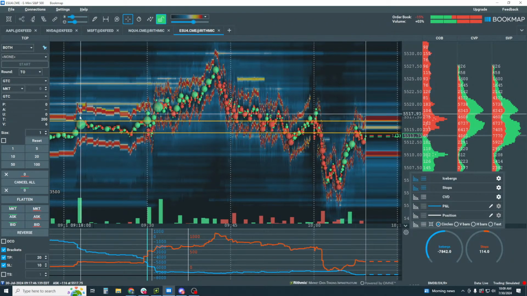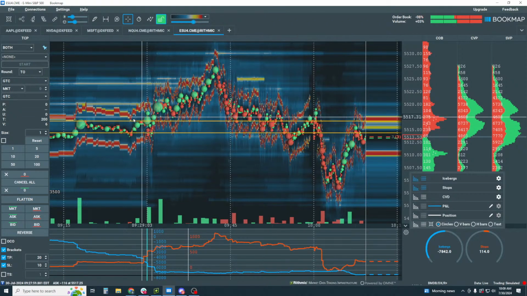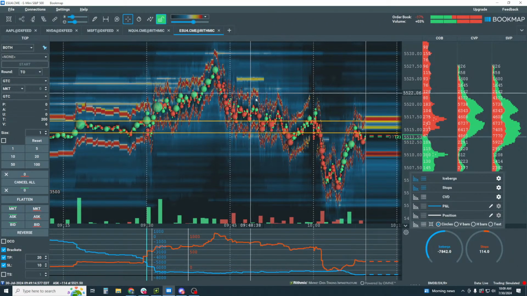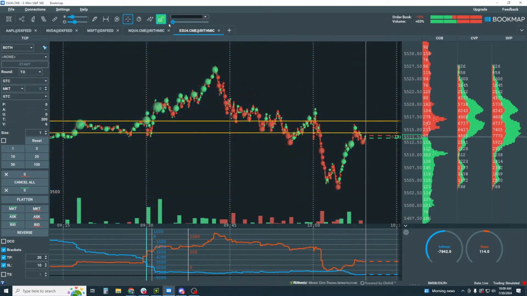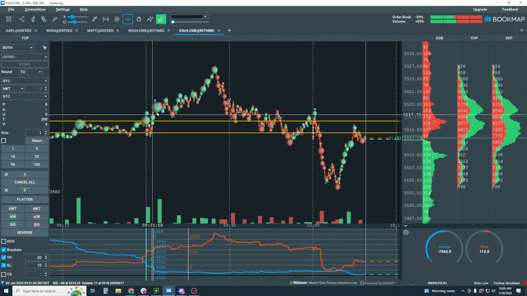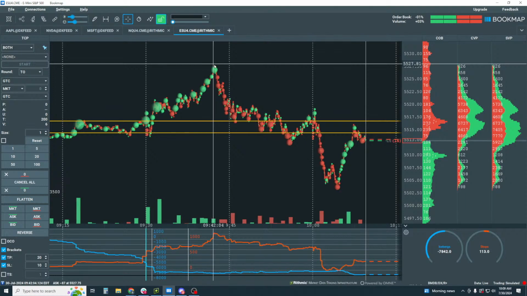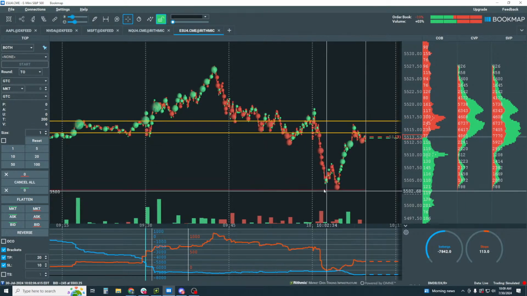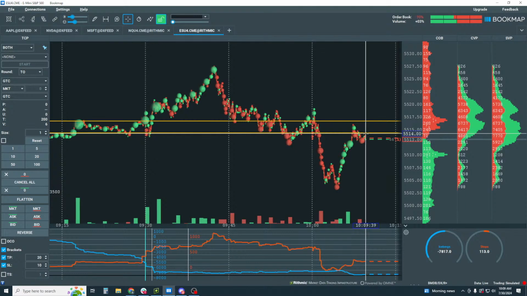And then we drew up this zone. Look at this zone and comprehend what's going on in here. We have buyers coming in, stop run to the upside, sellers coming in, stop run to the downside. And we're right back in the middle.